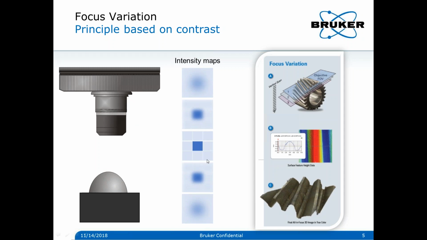In order to obtain the 3D topography, one needs, for every pixel, to find the corresponding height for the best focus. And here is where the difference lies for focus variation. Focus variation is based on the principle of determining the best contrast in order to spot the focal plane. This can be illustrated with these intensity map images. Imagine a single pixel surrounded by some nearby spots.